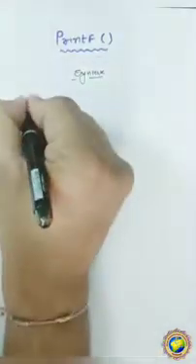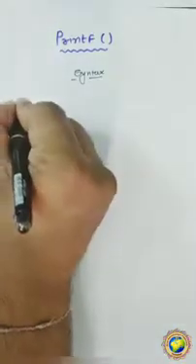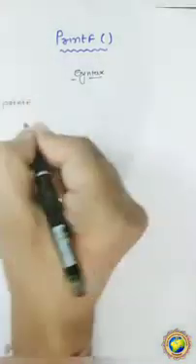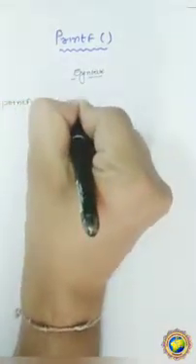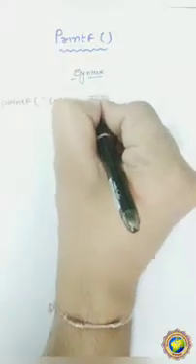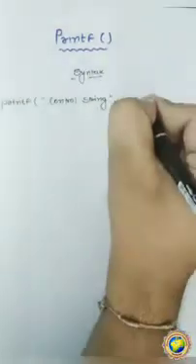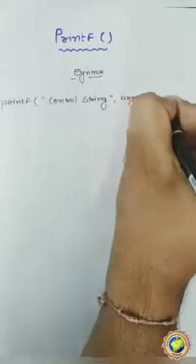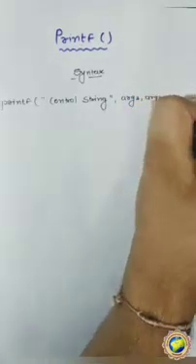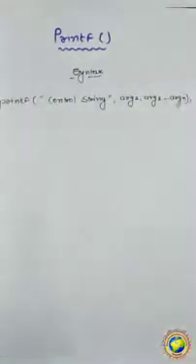So we have to write here printf, control string in double inverted commas, then comma, argument 1, argument 2, and up to argument n. This is a semicolon.